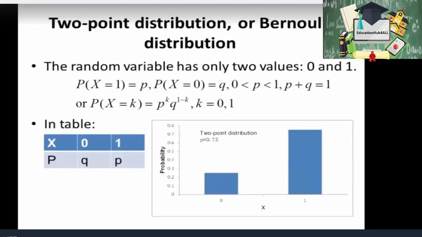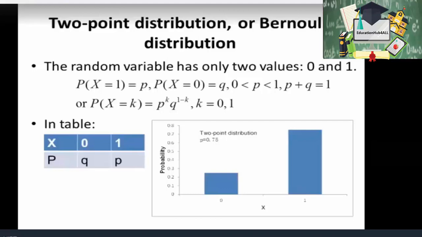So this is the 2-point distribution, or the Bernoulli distribution I mentioned at the very beginning. Sometimes the probability can be 0.5, but sometimes it's not 0.5. We assume the probability to succeed is p.